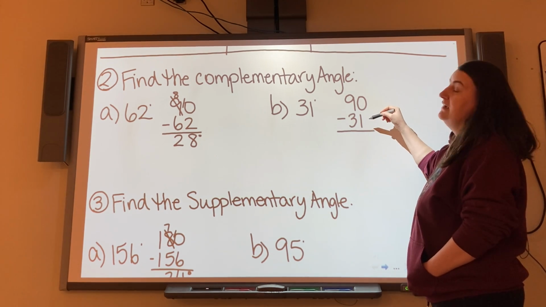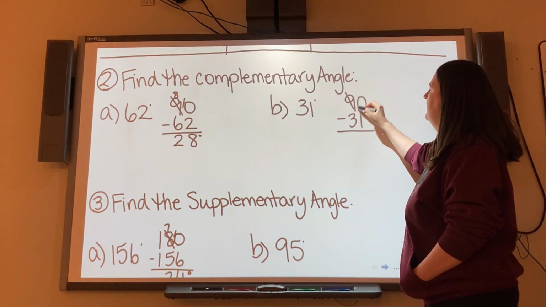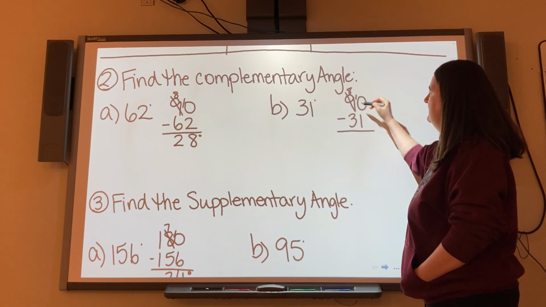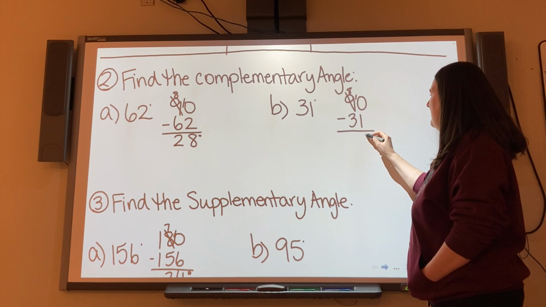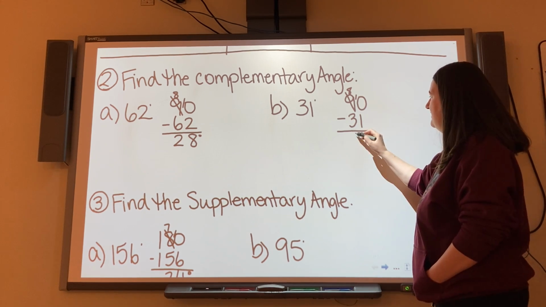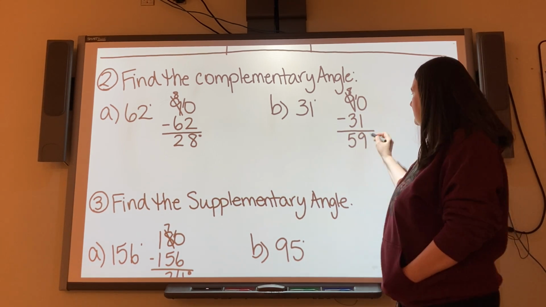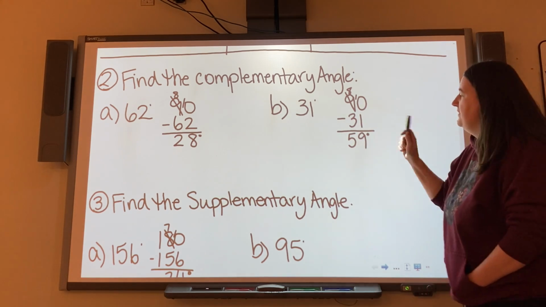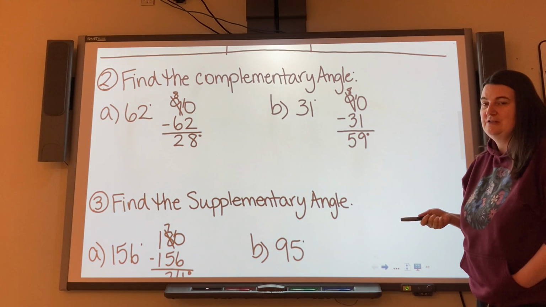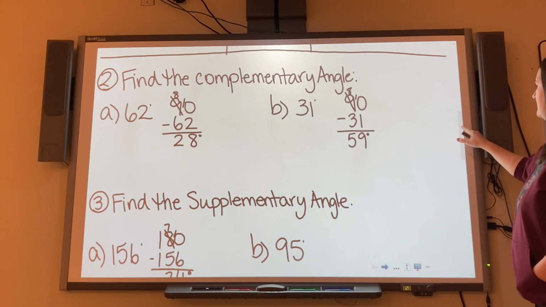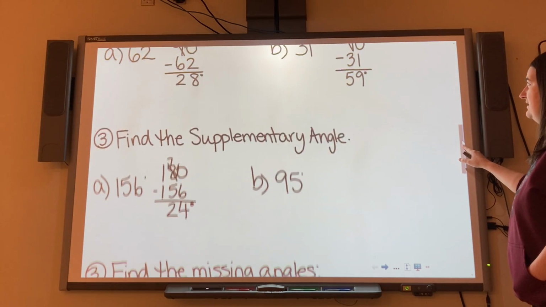Do I have to borrow? Yes, I have to borrow. 9 turns to 8, 0 turns to 10. 10 minus 1 is 9, 8 minus 3 is 5. So the complementary angle of 31 is 59 degrees. So check to see if you got that right. If you did, give yourself a big check mark.